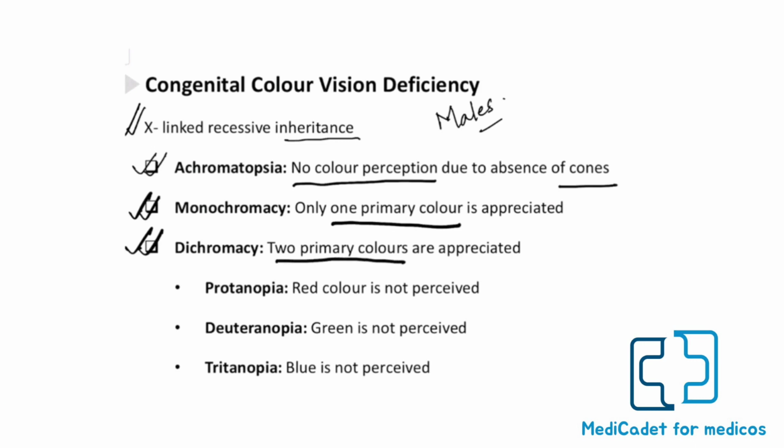This is again subdivided into protanopia, which means red color is not perceived, deuteranopia, which means green is not perceived, and tritanopia, which means blue is not perceived. So here, two colors are appreciated and one color is not appreciated. Depending on which of the colors is not appreciated, we divide it into three types: protanopia, deuteranopia and tritanopia.